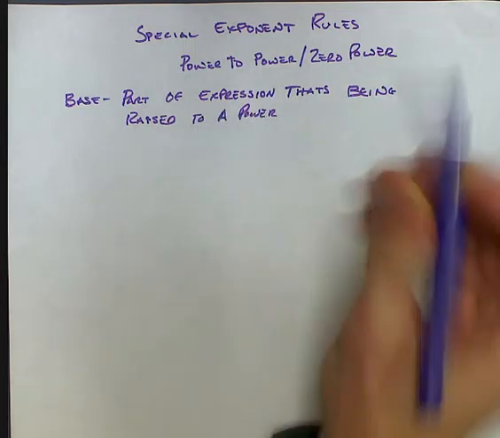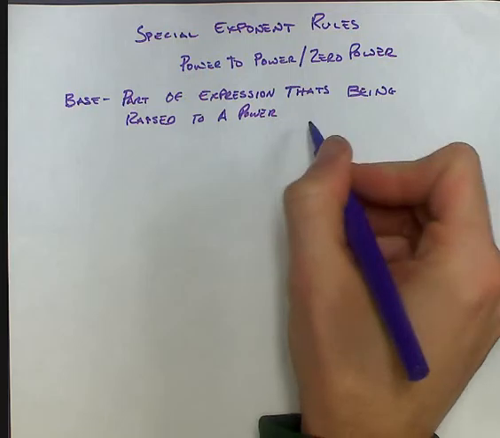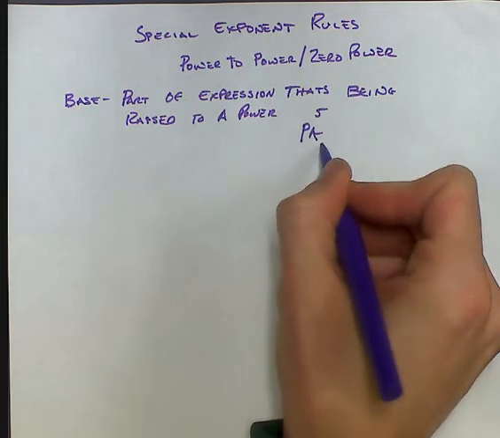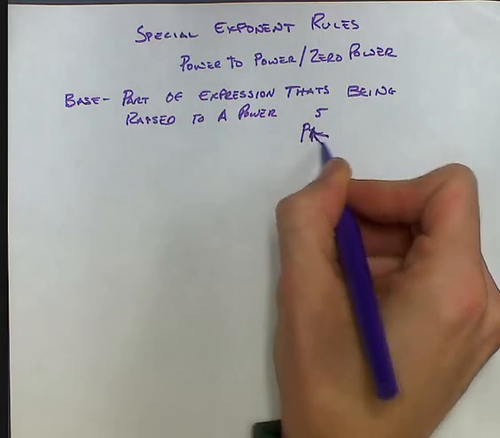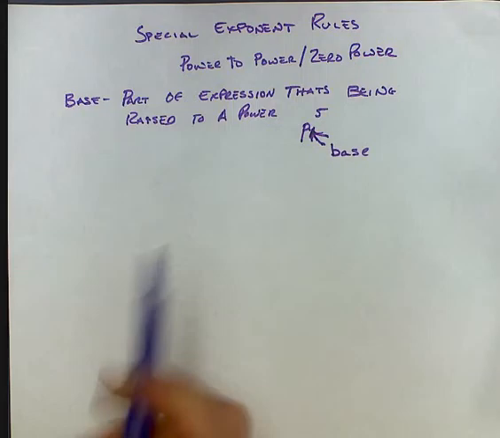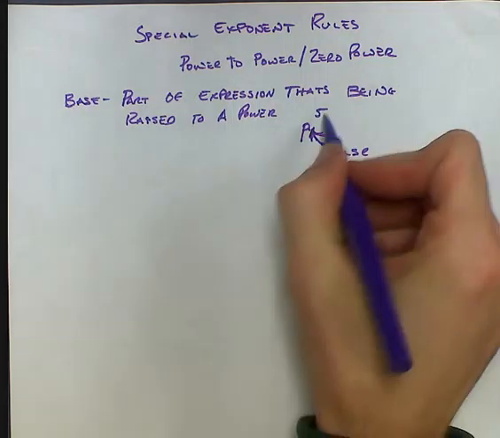So if I had, let's say, p to the fifth, the p is my base. That dude right there, even though it's a bad line. Okay, and we call this the exponent or a power.